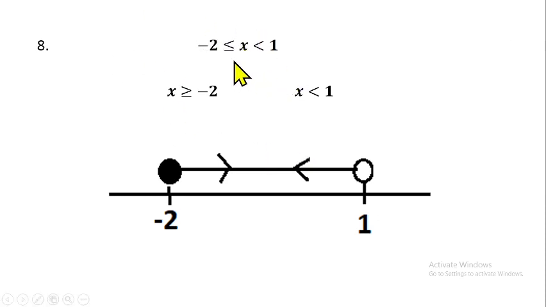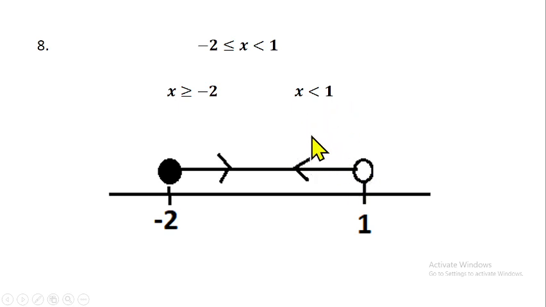Let's see this last one. We have minus 2 is less than or equal to x, less than 1, which we can break down into two different inequalities. That will give us x is less than 1, then x is greater than or equal to minus 2. Minus 2 will come before 1 because this is negative and this is positive. This is a weak inequality, so this circle will be shaded, and this is a strong inequality, so this circle will not be shaded.